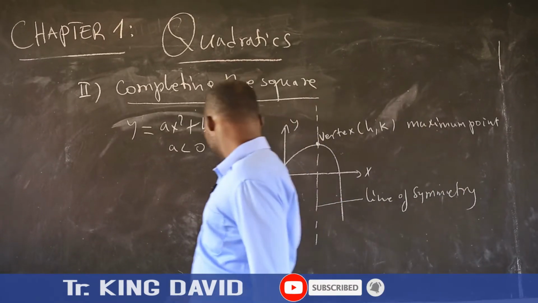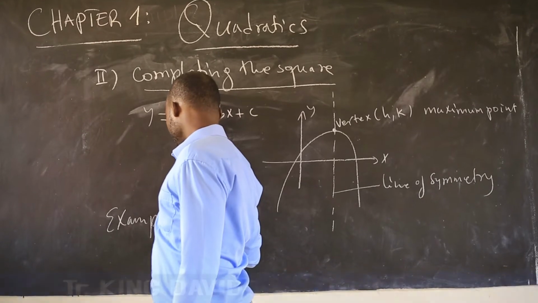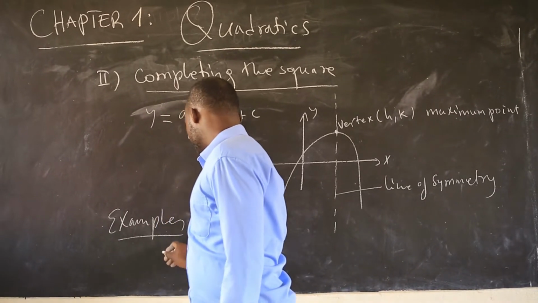So let us go to examples. We see examples about completing the square. So we have example number 1.